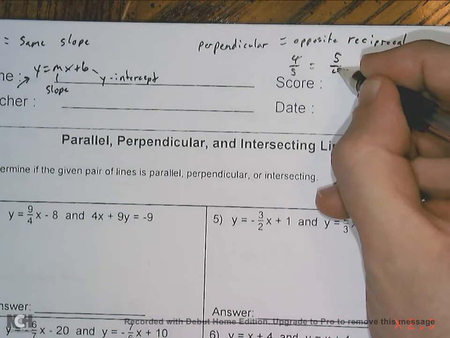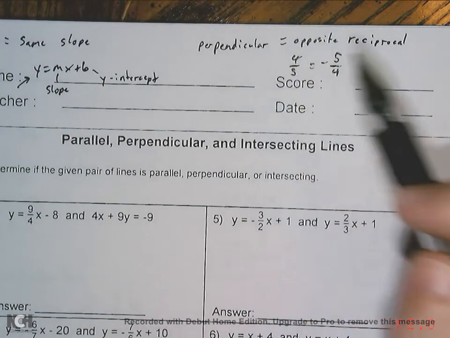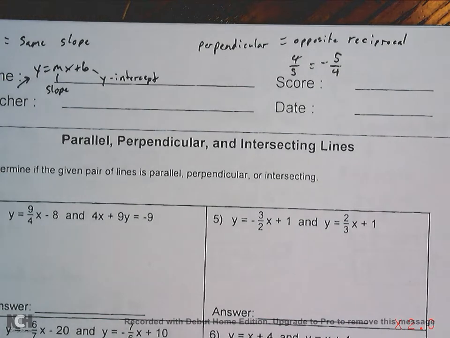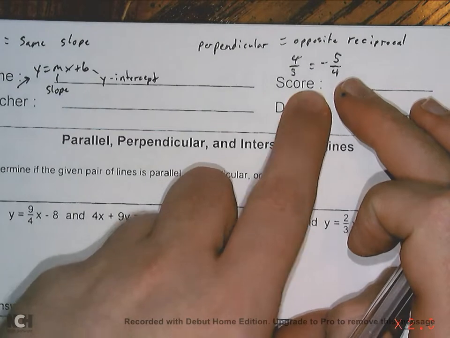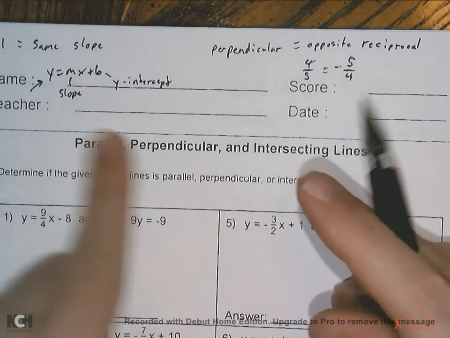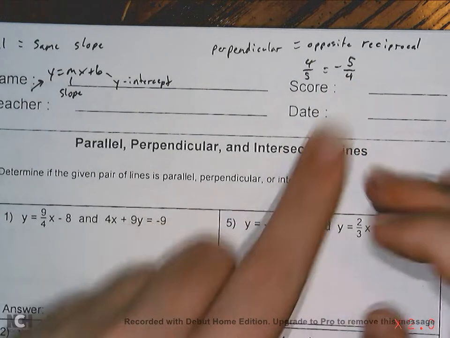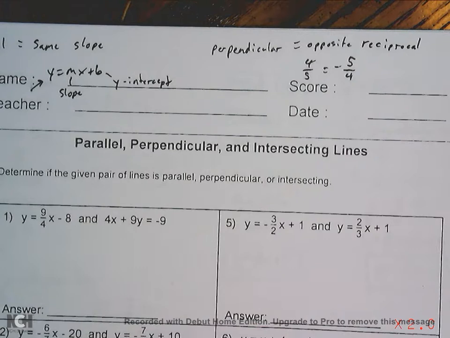So it'd be negative 5 over 4. So the fraction flips and changes signs when it is perpendicular. If it flips and does not change signs, that is not perpendicular. That would just be intersecting. Really, anything else, if they're not the same slope and the fraction does not flip or change signs, it is just going to be an intersecting line.